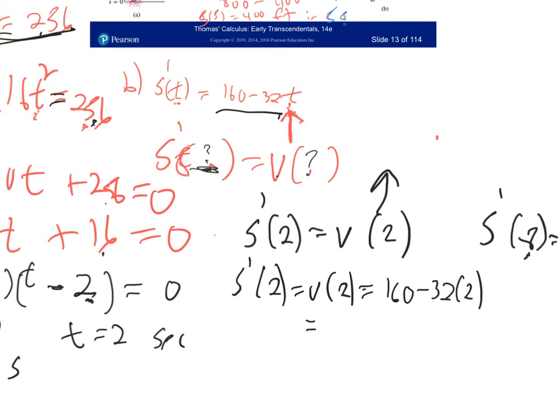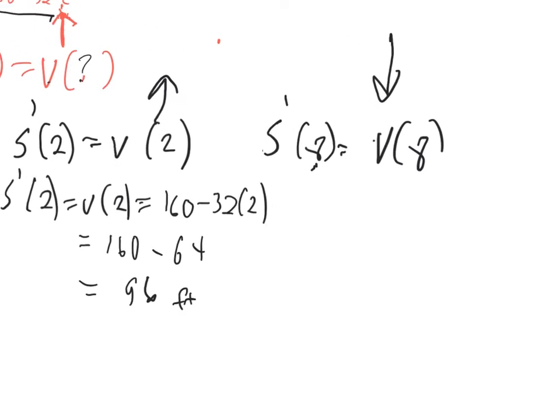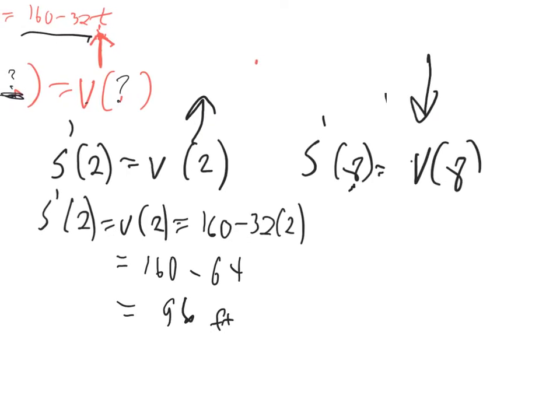And guys, I'm not guaranteeing you anything will be correct in this because no one's there to help me out. And I really love you guys who speak up. 160, this old man always gets carried away. Minus 64, I think that answer is going to be 96 feet. And then that was going up, so it was 96 feet up.